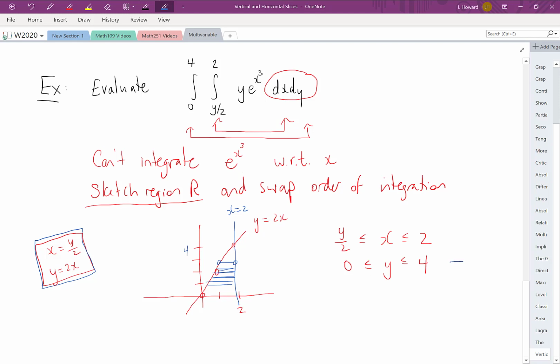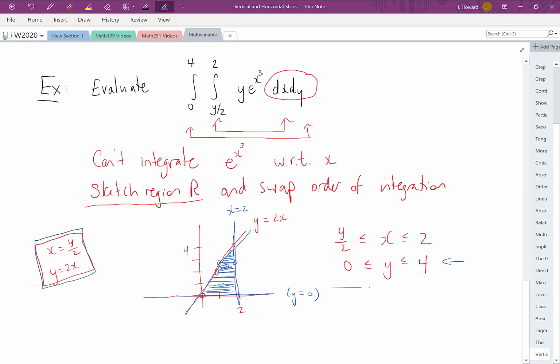Well, they're doing that for y values from 0 to 4. So if we map out our entire region R, it's that entire triangle there, formed by the line y equal 2x, formed by x equal 2, and then formed by the x-axis, which is y equals 0, if we wanted to think of that in terms of an equation.